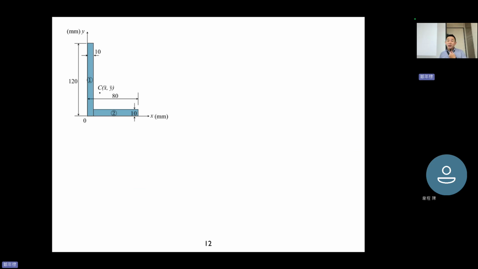Because no one says the area must be positive, right? So here, I will give you an alternative way to calculate this. Actually, this L shape can be determined by two areas.